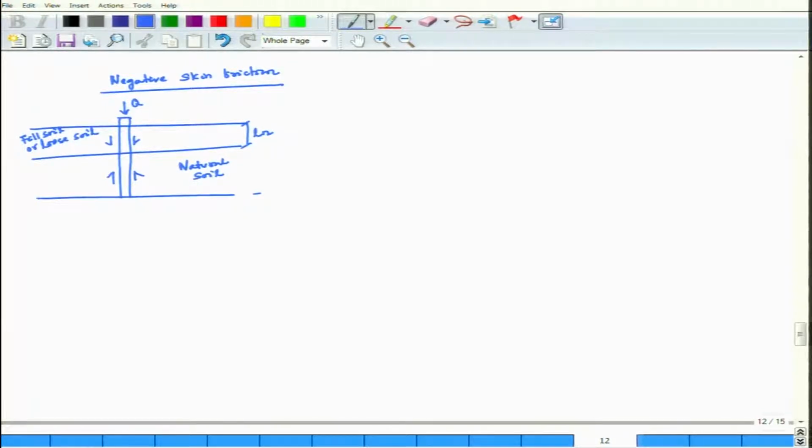What is negative skin friction? When the fill soil starts consolidating under its own overburden pressure, it develops a drag on the surface of the pile.